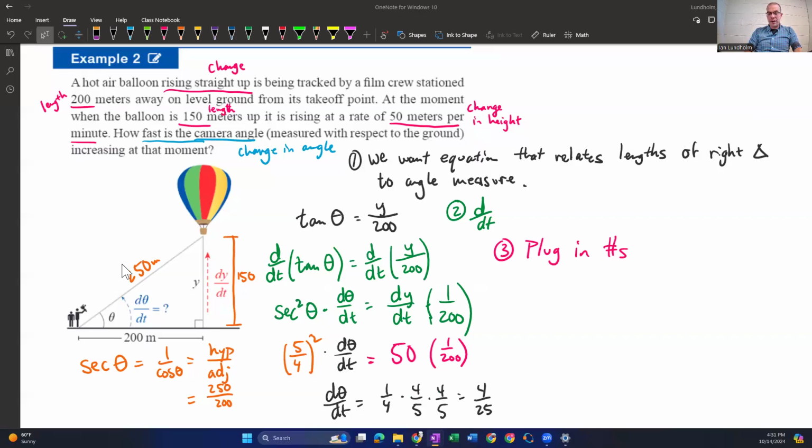We were working with meters per minute in our length velocity milieu, and we are using radians per minute here. So 4/25 radians per minute. I know that I'm used to measuring radians in terms of pi, but 4/25 radians per minute is how fast the angle is changing on that camera lens.